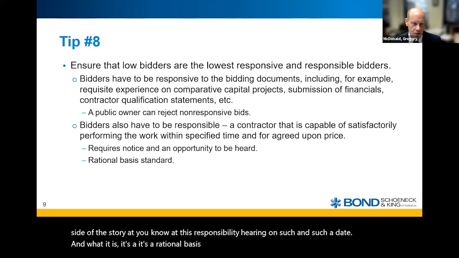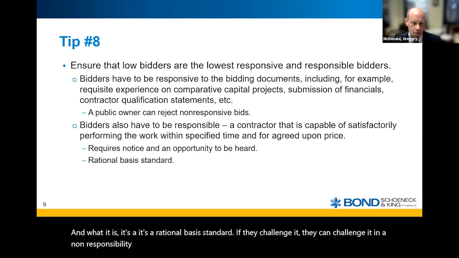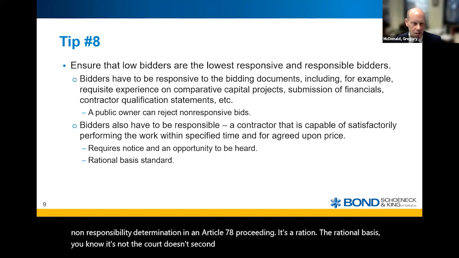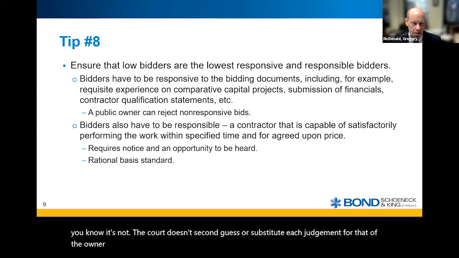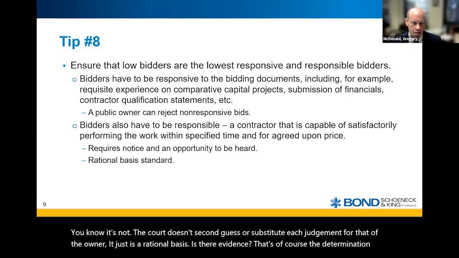If they challenge it, they can challenge a non-responsibility determination in an Article 78 proceeding. It's the rational basis. The court doesn't second guess or substitute its judgment for that of the owner. It's just, is there a rational basis? Is there evidence that supports the determination of non-responsibility?